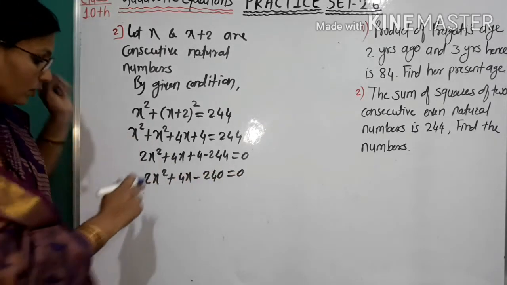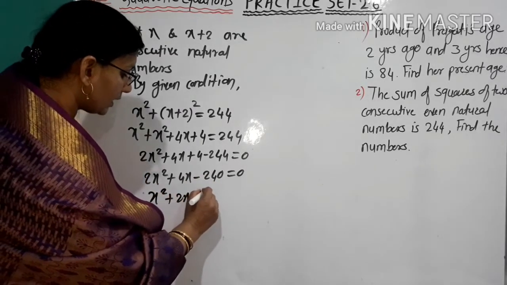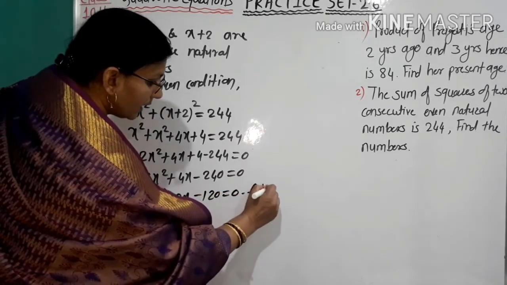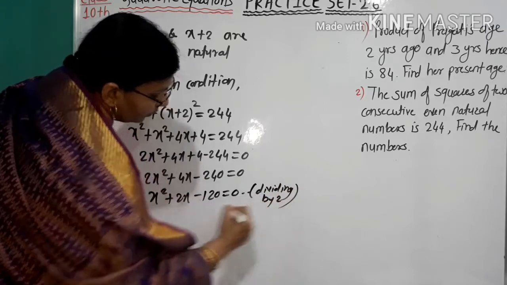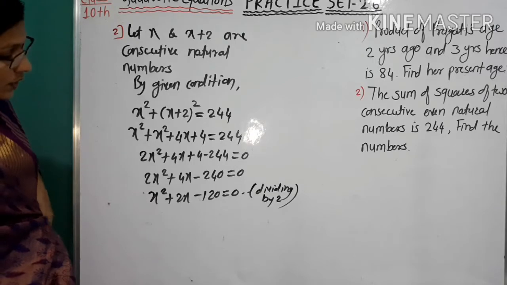Dividing by 2, we have x square plus 2x minus 120 equal to 0. Then solve this quadratic equation.